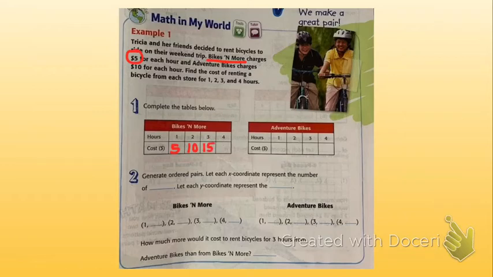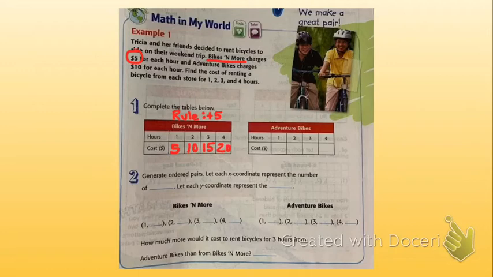If I'm renting it for 4 hours, that's $20, because really all we're doing here is our rule. If you think back to our sequencing, we're not multiplying, we're adding 5. Whoopsies, Mr. Day made a mistake. I'm adding 5 for each hour.